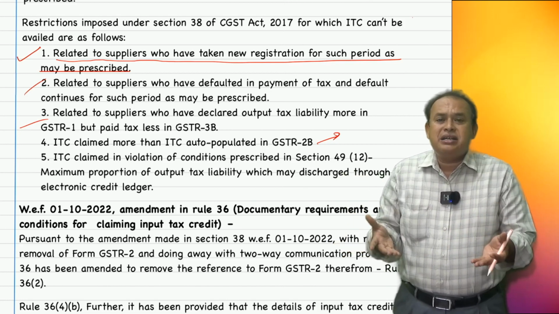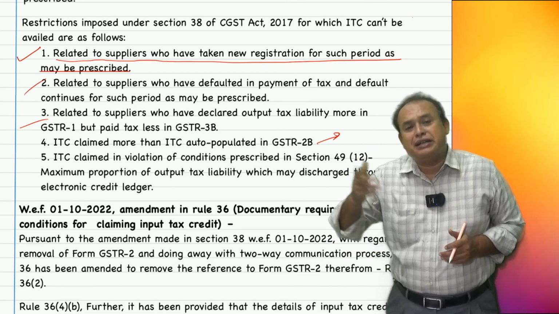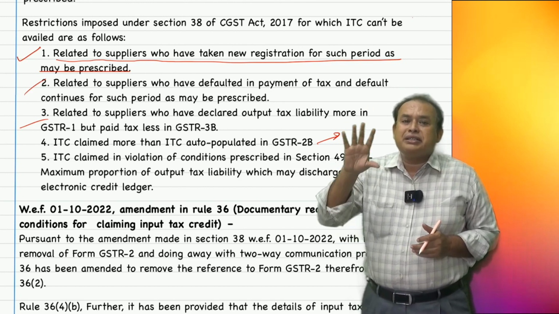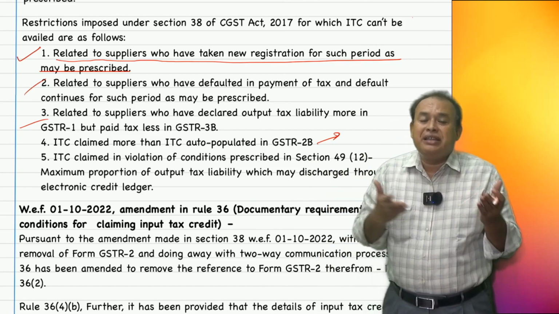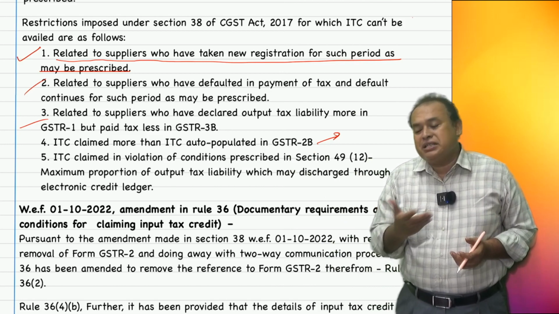Earlier, the electronic credit ledger was editable. Now the electronic credit ledger is not editable. If it were editable and you took more credit than the GSTR 2B credit, in that case your credit is restricted.